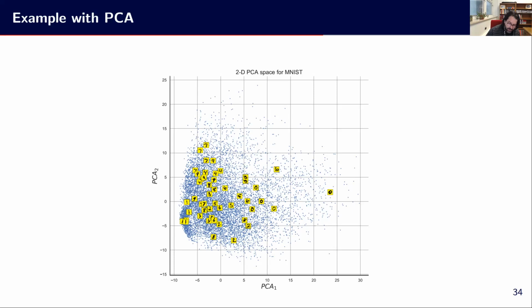We see that there is some relation: all the 7s and 9s here are looking quite similar. And we have things like zeros here with some 5s and 6s, which are also quite similar, with even an 8. And we have the ones here. So basically it captures some distribution of the data over that space in 2D.